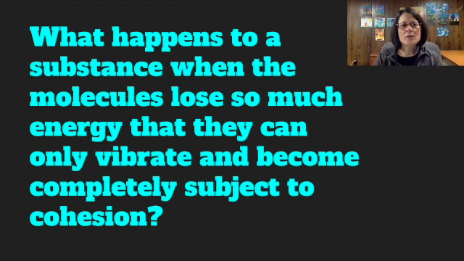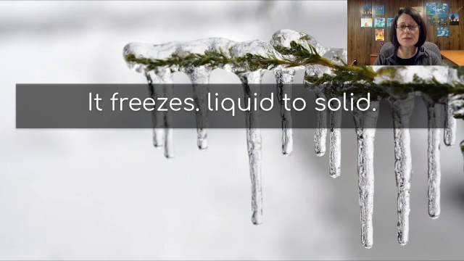So what happens to a substance when the molecules lose so much energy that they can only vibrate and become completely subject to cohesion? It freezes from a liquid to a solid, with cohesion holding the molecules in place. I forgot to cover this: with the vibrating, then it melts and they slide past each other.